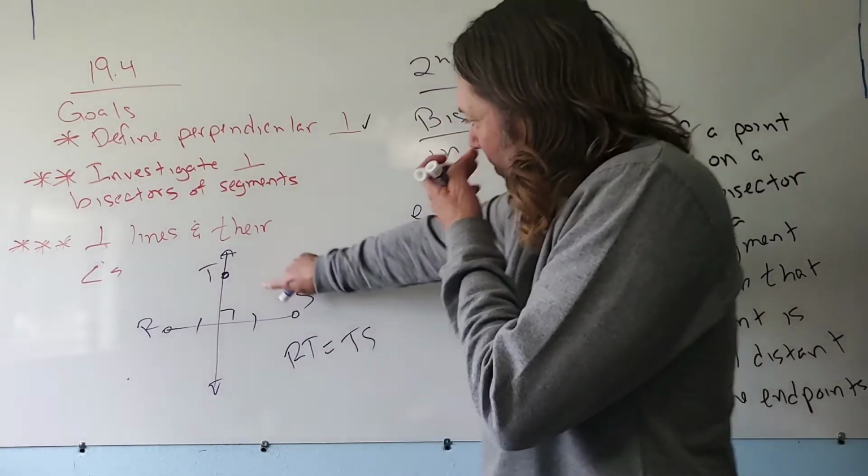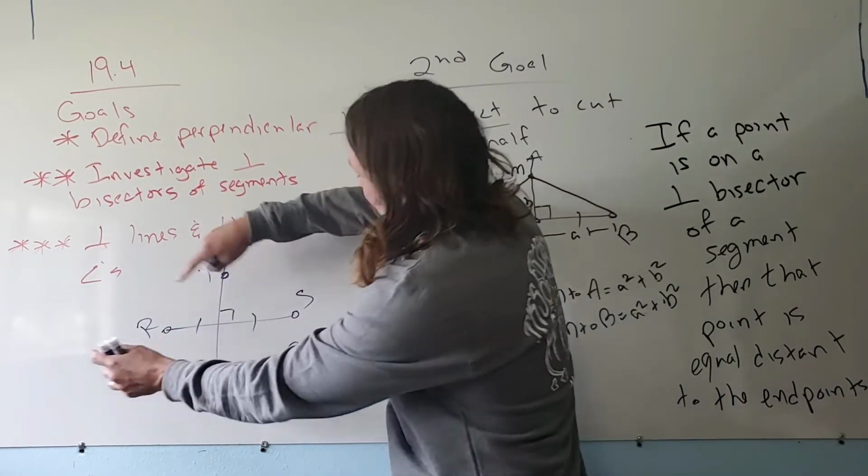So again, this point is the same distance from here as it is to here. That's one of the things.